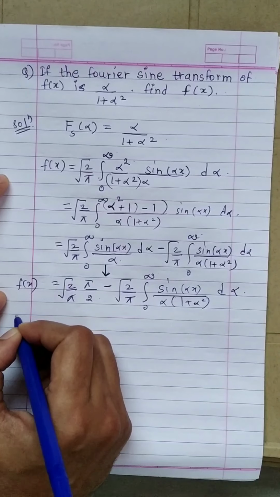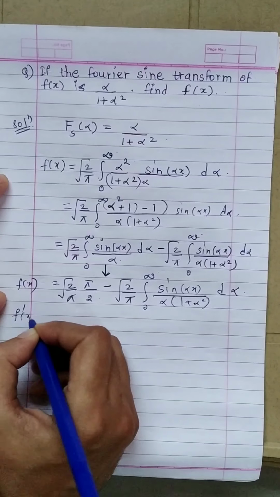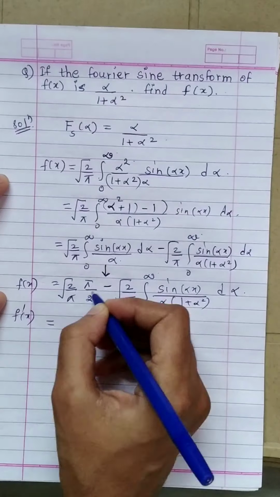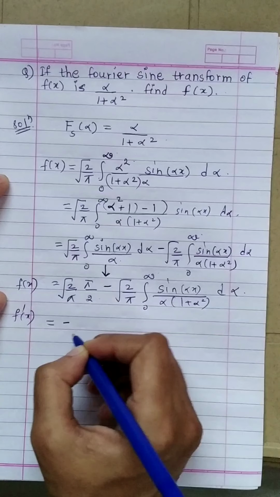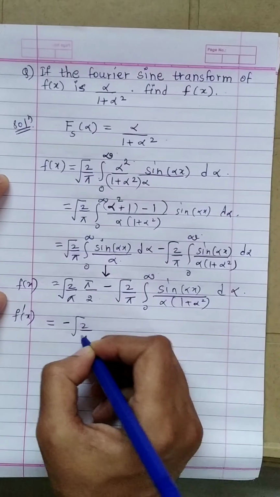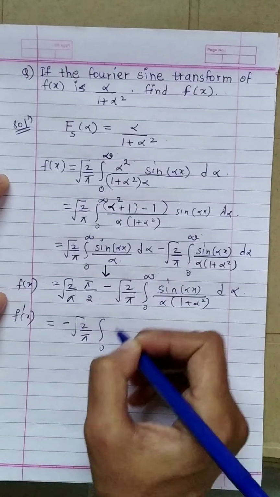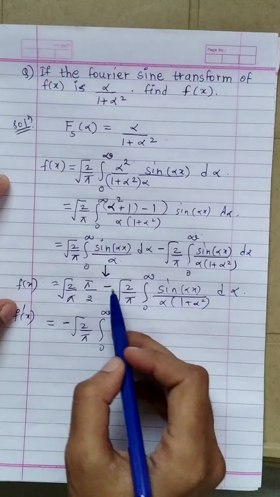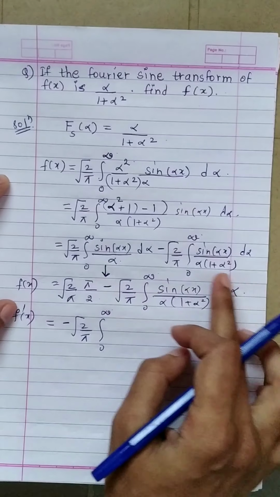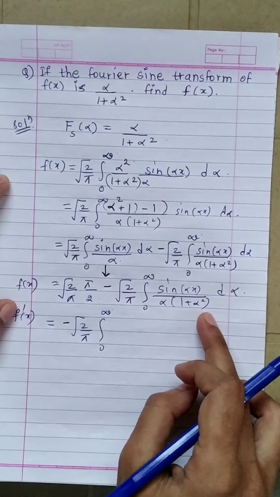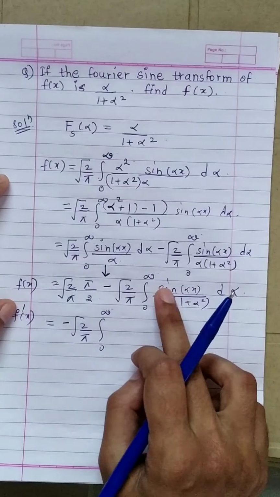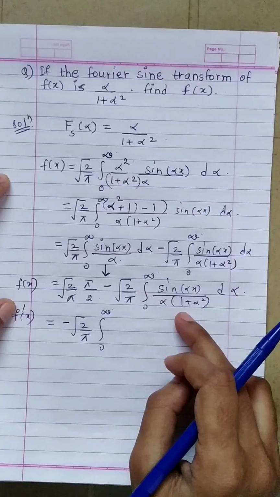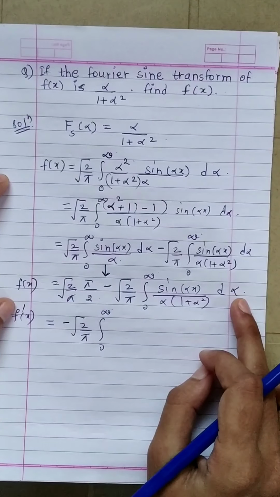So we will get f dash of x is equal to, this will become 0 minus root of 2 by pi integral from 0 to infinity. We are differentiating it with respect to x. Now see here, this is a function of alpha and x, and the integration is with respect to alpha.